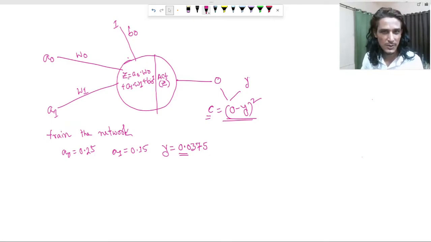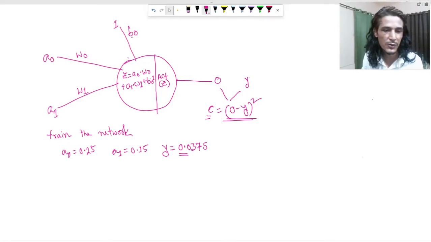What this neuron does is it takes a weighted sum of the inputs and the bias. It computes A0 times W0, that is this input multiplied by this weight, plus A1 times W1, plus B0 times 1. B0 times 1 means ultimately B0, but you can think of this B0 as a weight connected to a neuron whose value is always 1.